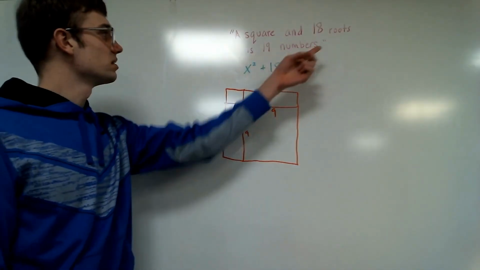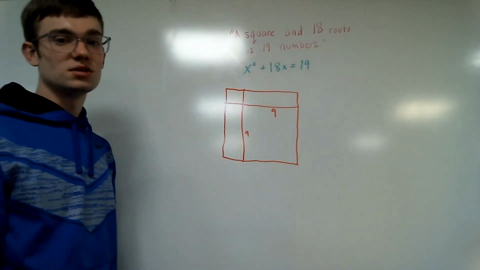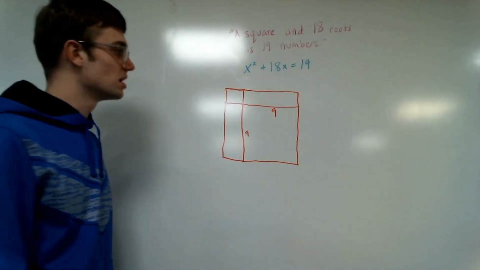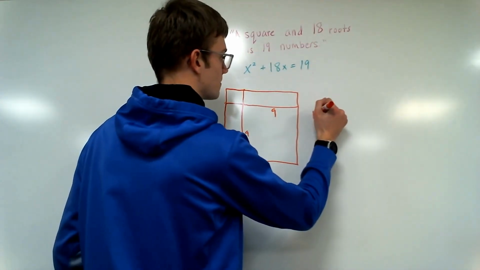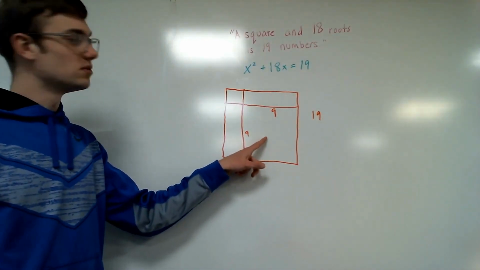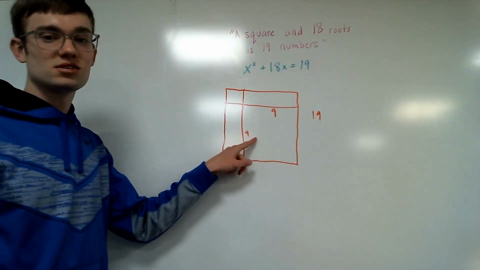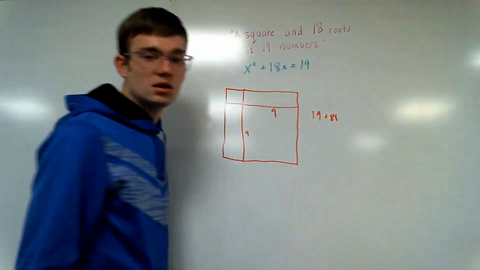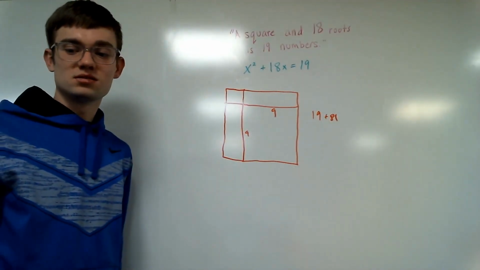Well, we know that a square and 18 roots is 19 numbers. So this square and both of these rectangles are 19. And the big square right here, well, it's a 9 by 9 square, so its area is 81. That means the area of the whole square is 100.